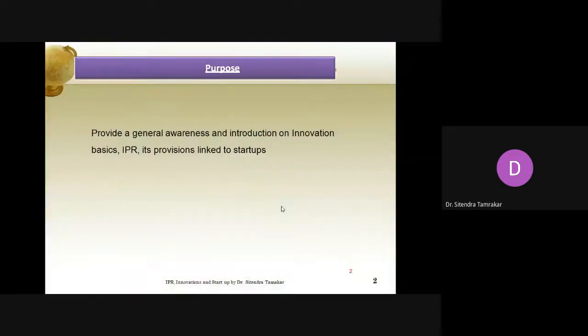The major takeaways of today's session will be general discussions and introductions on the basics of innovation. We'll understand what kinds of IPRs exist in India as well as in the world, and its provisions which are linked to startups.